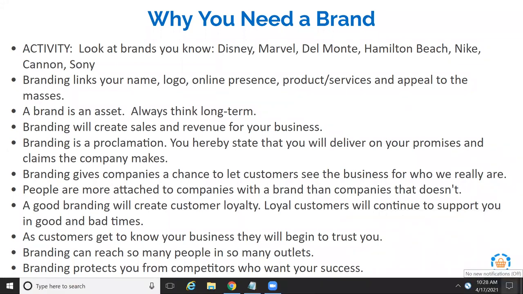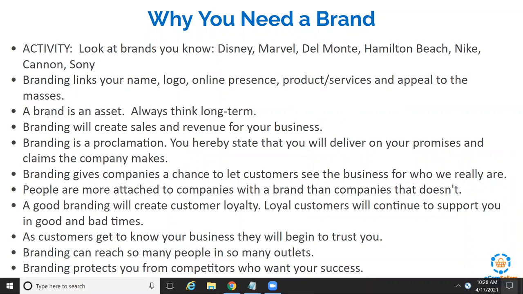Branding protects you from competitors. So we're going to talk about how you protect yourself from competitors. For your activity one, I want you to look at some brands that you know and make a mental note. You may not be there yet. I do believe in affirmations and visualization, and I believe they are helpful as people are on their journey to whatever they want to accomplish.